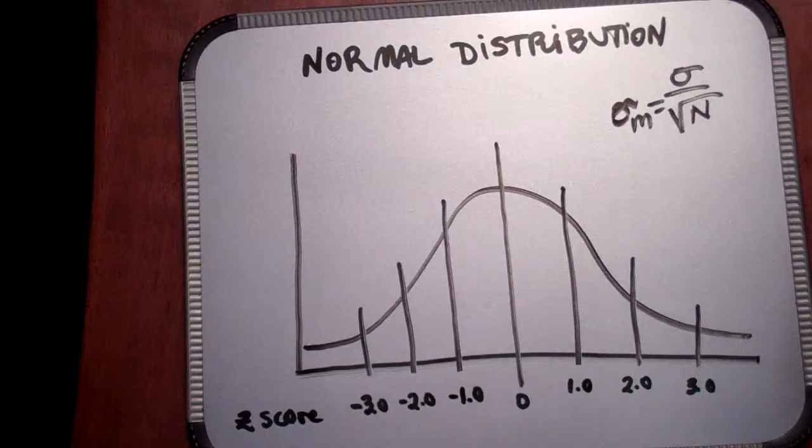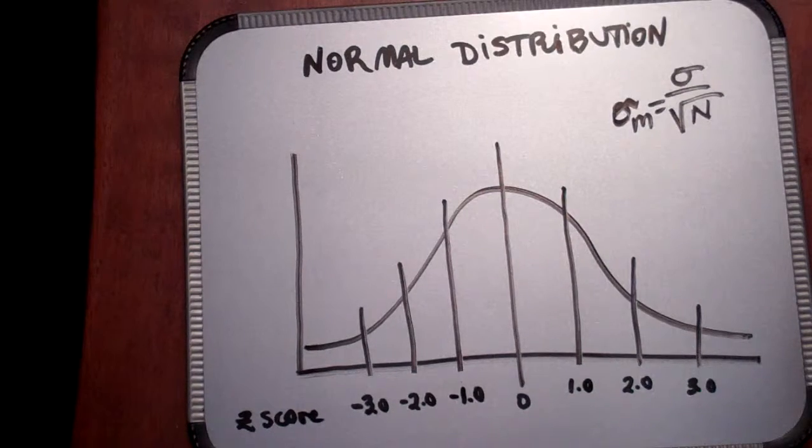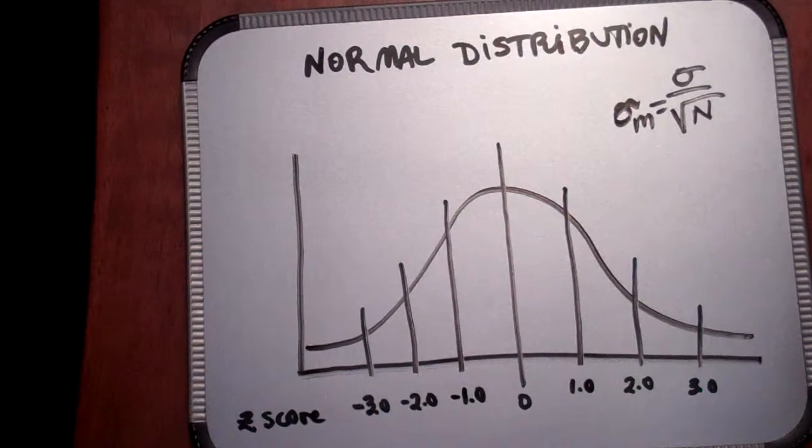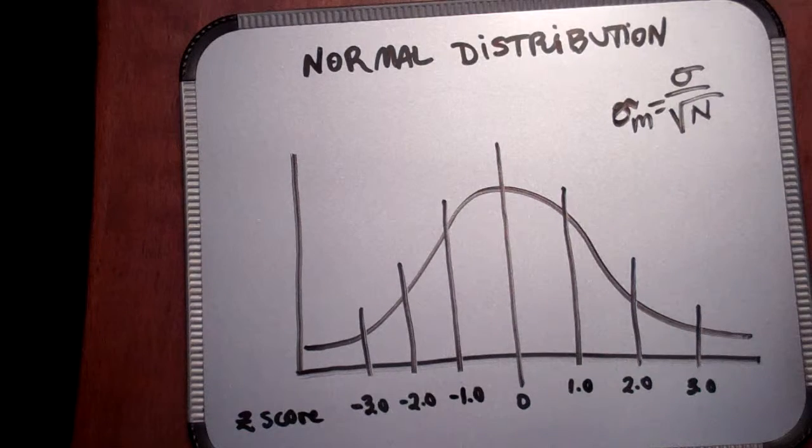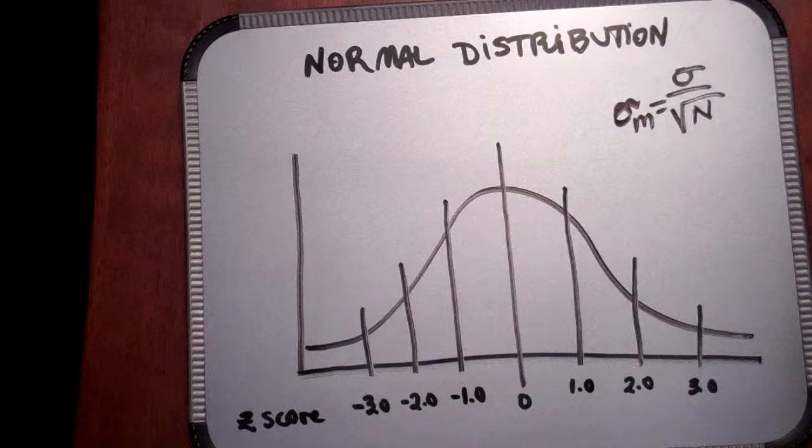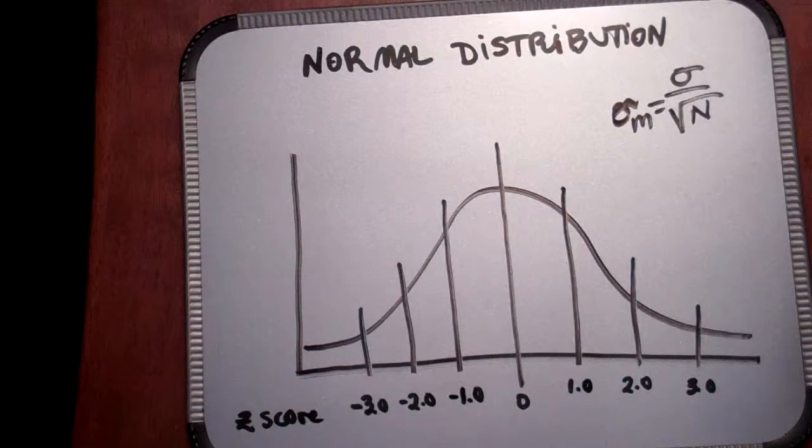Okay, so what does this mean in practical terms? Well, when you're doing the exercises in the coming pages, this means that when you're converting a mean value to a z-score, remember in the previous chapter you were converting individual scores from a test to a z-score. Well, now you're going to be converting mean values to a z-score.